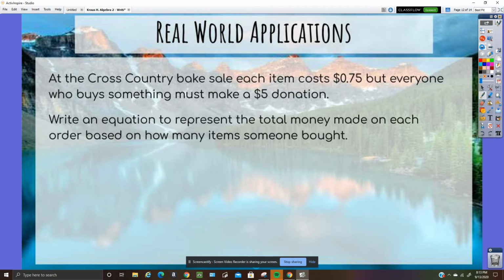All right, and then the next problem, the cross-country bake sale. Each item costs 75 cents, but everyone who buys something must make a $5 donation. Write an equation that represents the total money. So if I said f of x again is equal to 0.75x plus 5.